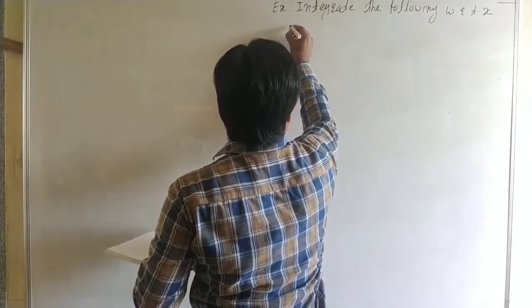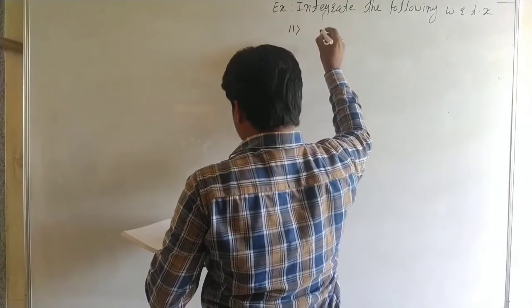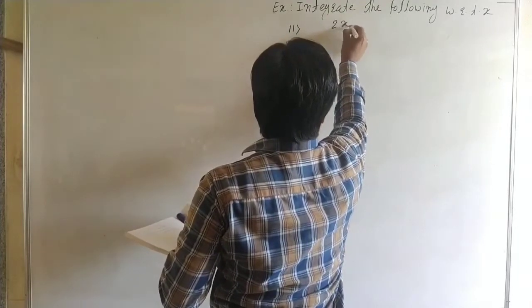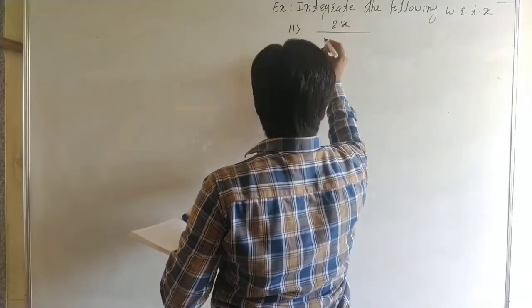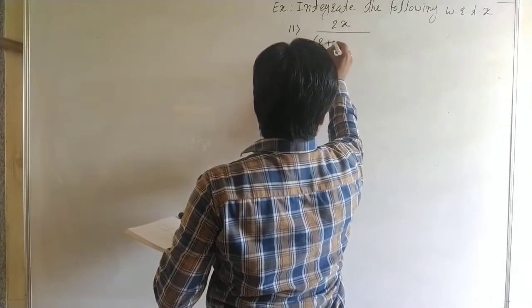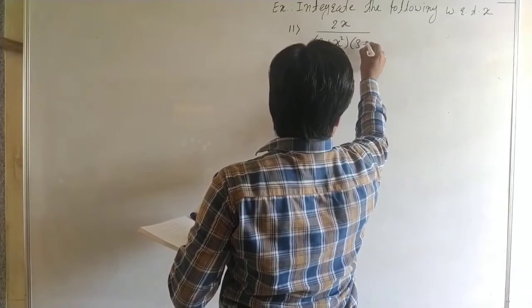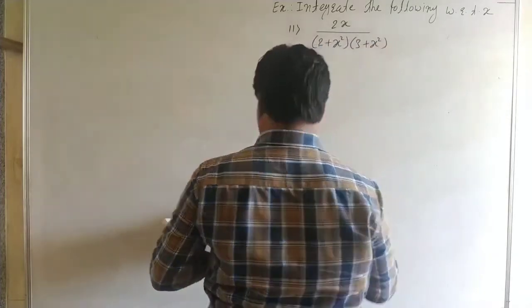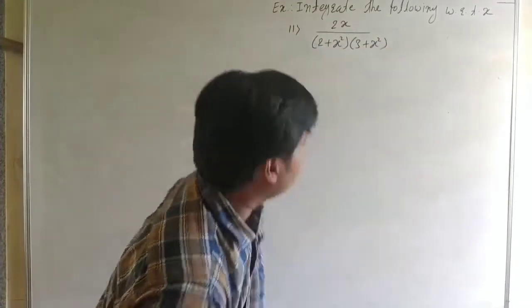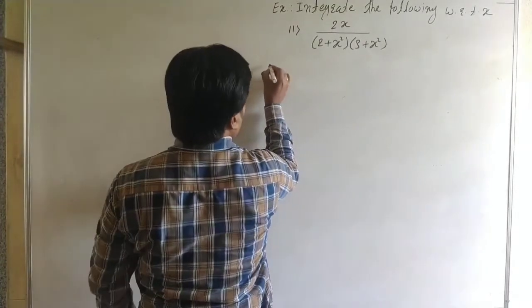Next, example number 11: integrate 2x upon (2 plus x square) into (3 plus x square). Now, solution.